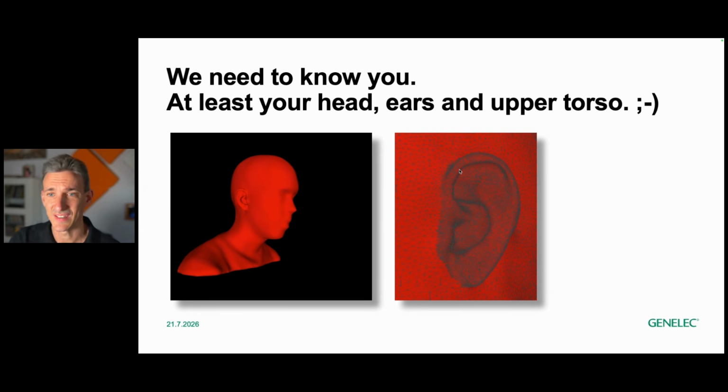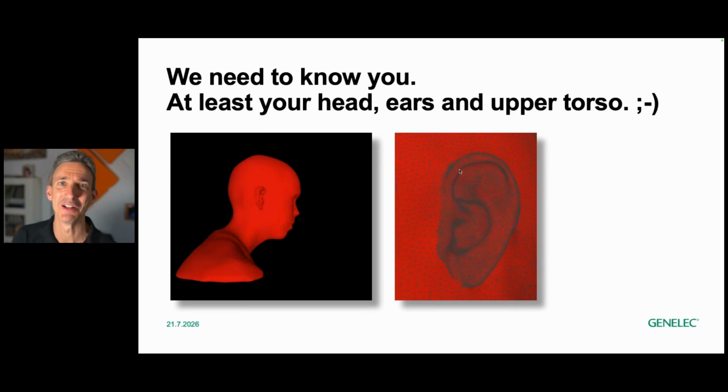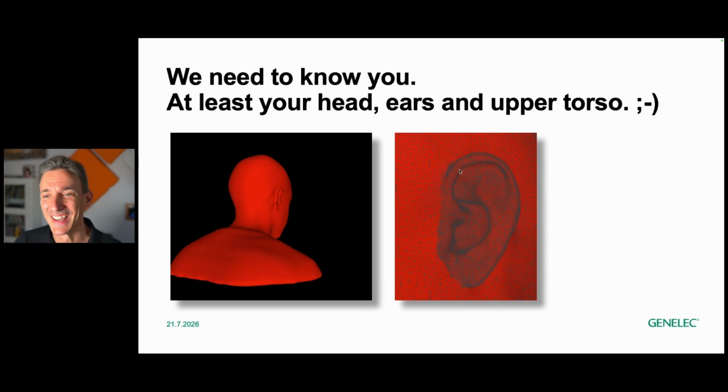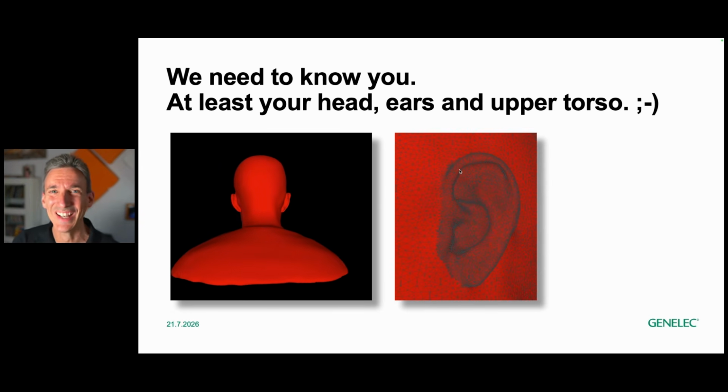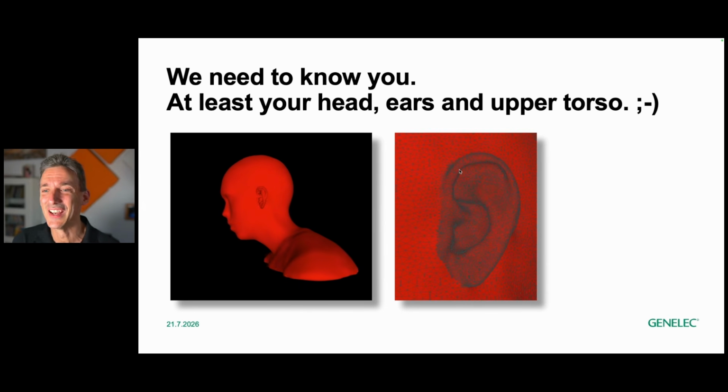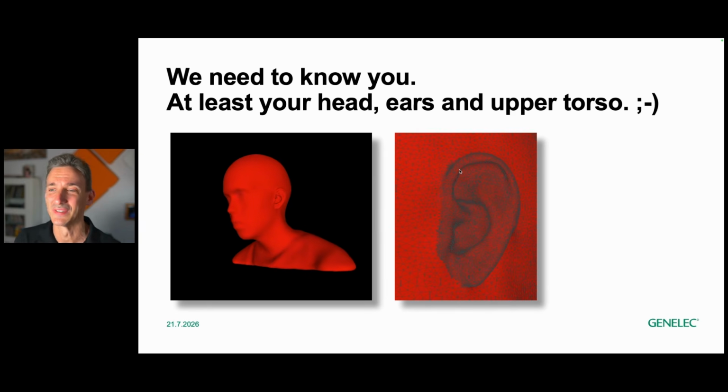So, for example, this is one of the renderings we did. I will not tell you who it is, but he's one of our Genelec staff members, so I'm allowed to show that. You can be 100% sure, of course, for data privacy. Usually this is completely impossible to get something like that out of Genelec, and usually we even make sure that the face is absolutely not recognizable.